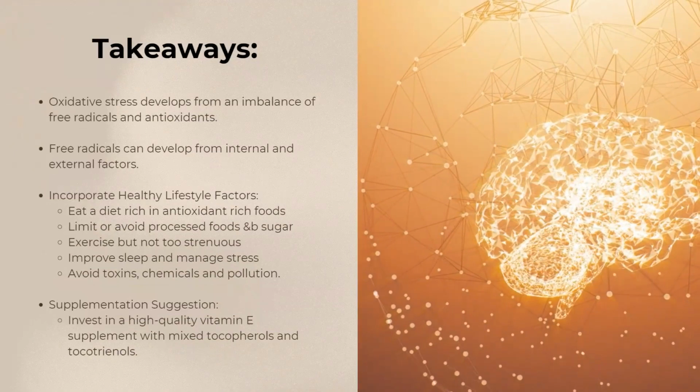But there are things you can do to help your cells be free of these invaders. Eat a diet loaded in antioxidant rich food, stay active, manage stress, improve sleep quality, and limit your exposure to toxins. And if you plan to take a vitamin supplement, make sure it's the highest quality.